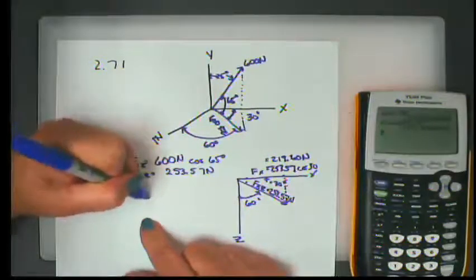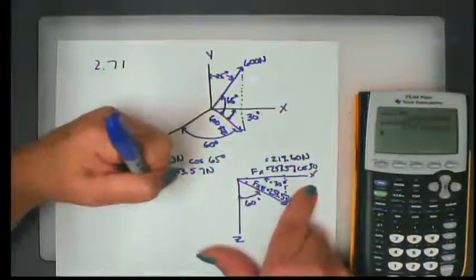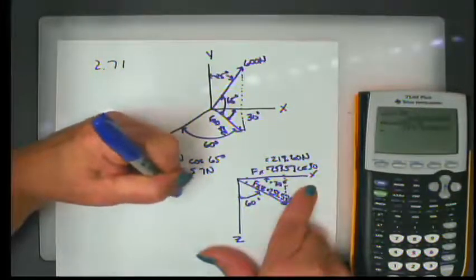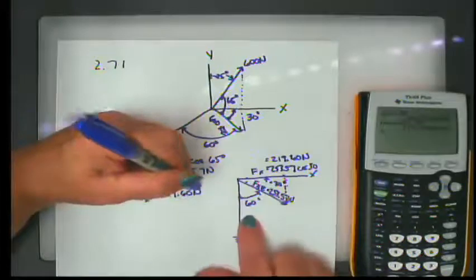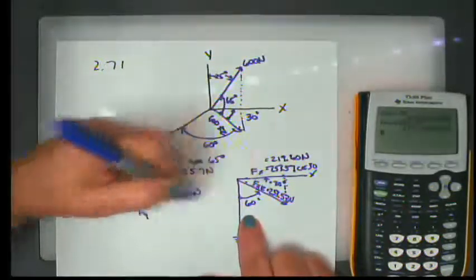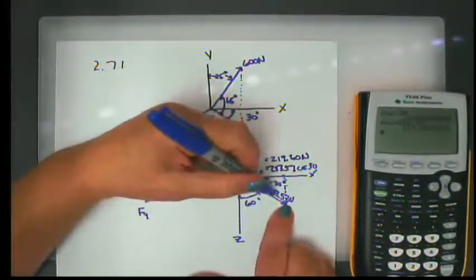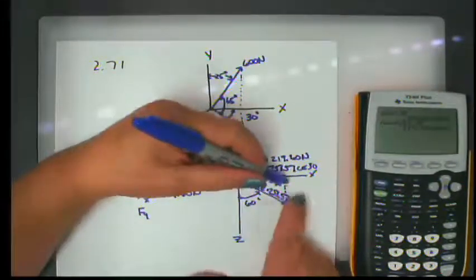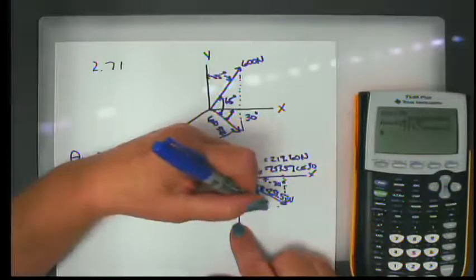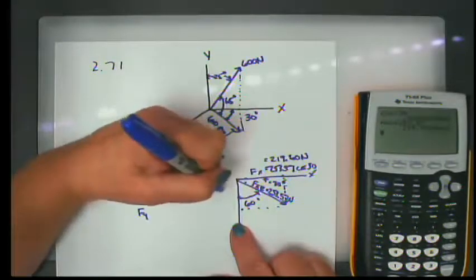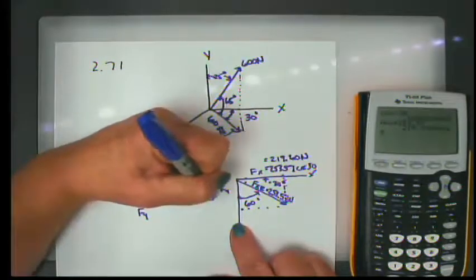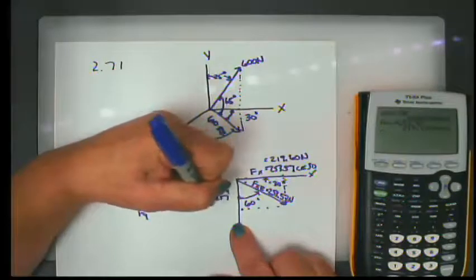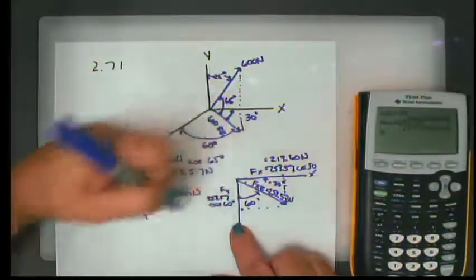So my Fx, I've got it to an axis now, is 219.60 newtons. And that means that my F sub y is going to be 253.57 times the sine of 30, or I could say the cosine of 60. So this is my F sub y, 253.57 times the cosine of 60 degrees.